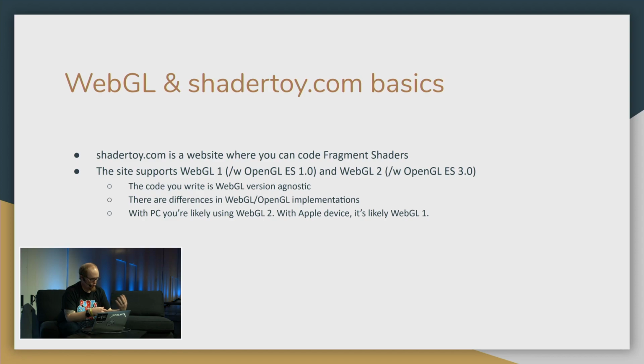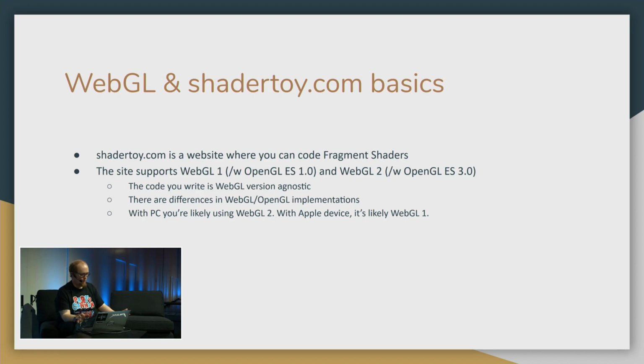But on shadertoy.com we are only doing fragment shaders. And these fragment shaders are basically those shaders that create those pixels on the screen and create everything fancy that you see on the screen.